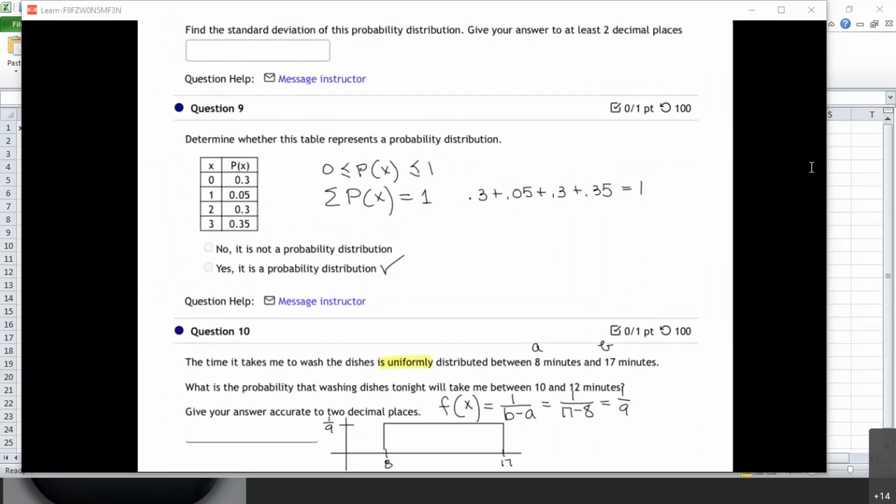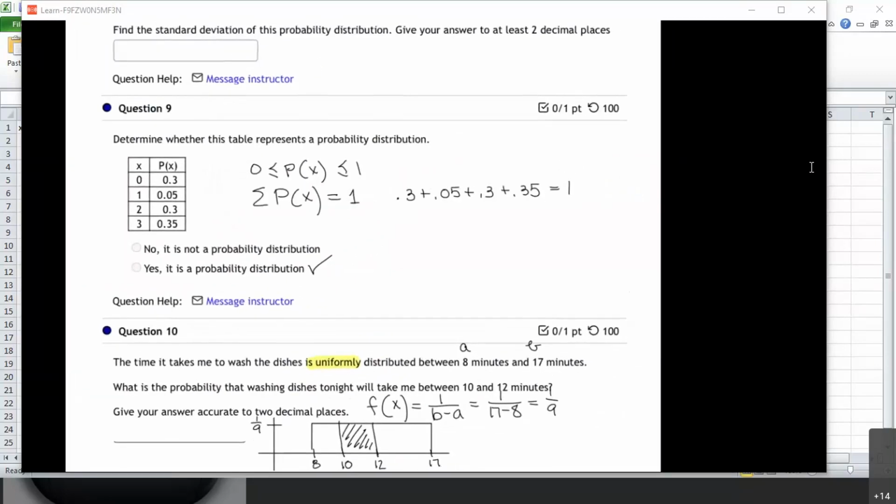So the height is 1/9. And what you want to find is the area between 10 and 12. So that's what you want to find.